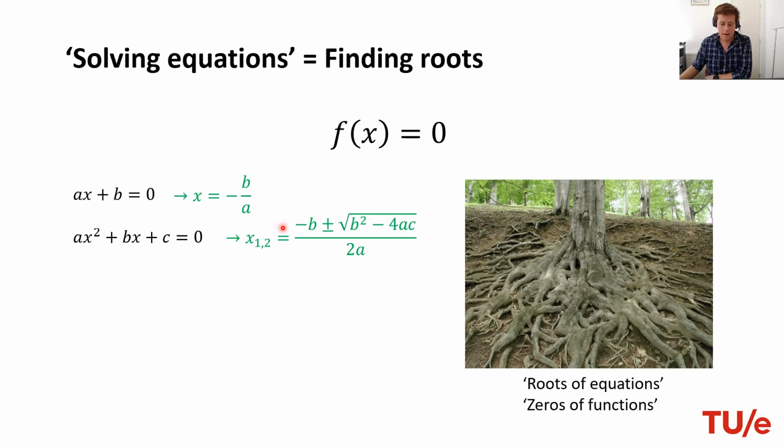Now, when looking at this expression for the roots of this nonlinear function, already some kind of issue pops up. We have to evaluate a square root. If the number that we want to compute the square root for is an easy number, let's say 9, then this is no problem at all, because the square root of 9 is simply equal to 3.